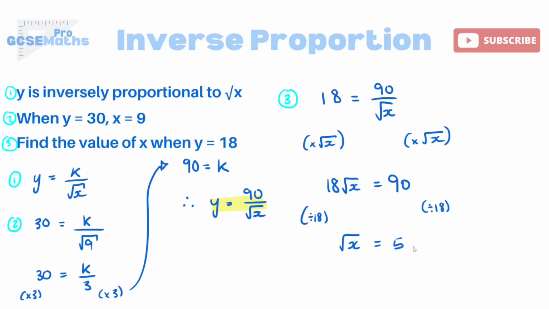And then to reverse the square root, I just need to square. The opposite, isn't it? Square. So x, and then 5 squared is 25. So there's your answer. So just be really careful when you're rearranging the inverse proportion formula if you're given y, because we have to actually move the x or whatever the x is with. So if it's x squared or if it's going to be root x, we have to move that as well, don't we?